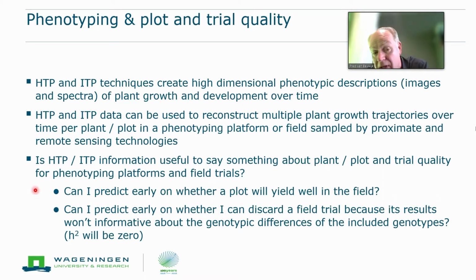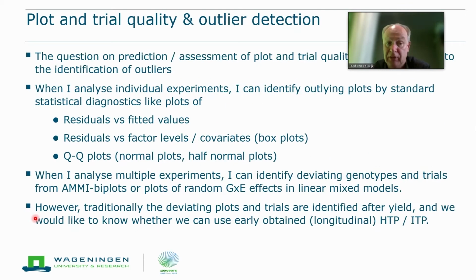The idea is that if early on you can see that the trial is going nowhere or that certain plots are going nowhere, you don't need to keep on observing those plots or fields. That's an interesting question, and in principle, it looks like one that we should be able to solve. I will show you some results of where we are at the moment in a minute.